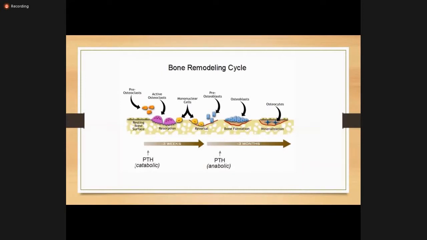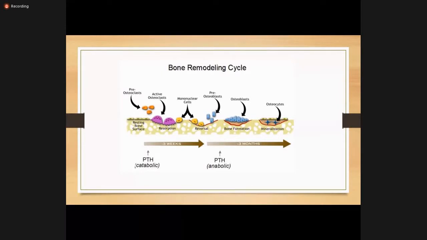There are preosteoclasts, which are converted to active osteoclasts, which lead to bone resorption. And then mononuclear cells are the moderator cells in between these two processes of anabolism and catabolism, where the bone previously resorbed by osteoclast activity is now taken over by preosteoblasts and then osteoblasts, which lead to the reformation of the bone.